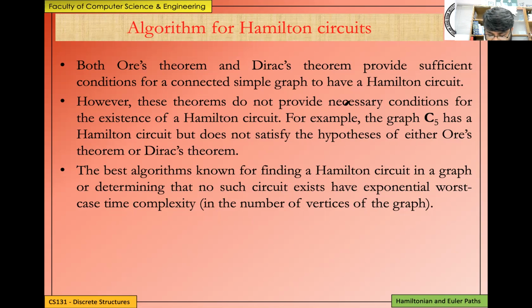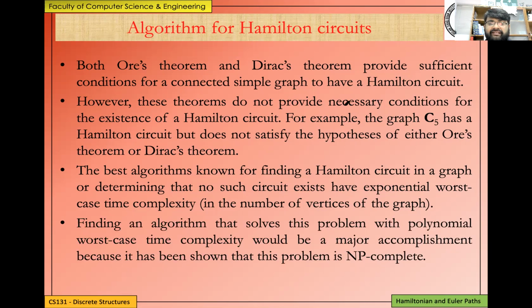They cannot be solved in linear or quadratic worst case time complexity, and that is why it's not an easy task. We'll learn what NP-hard problems are, and this is one of those problems where the solutions have an exponential worst case time complexity.